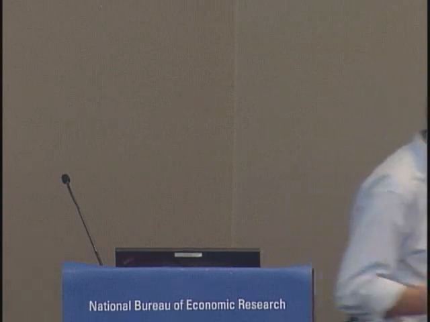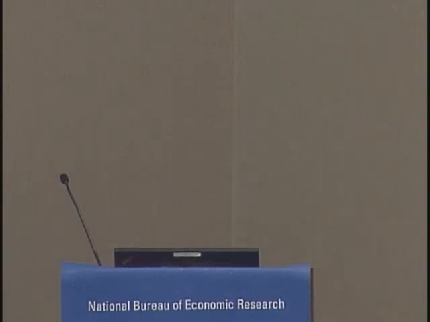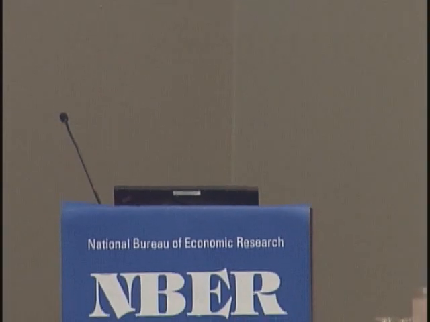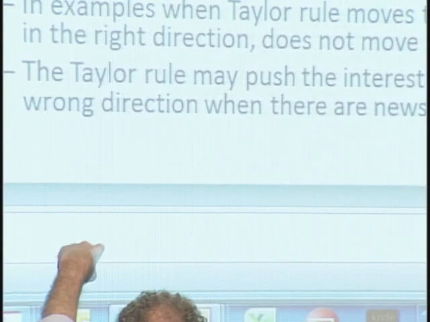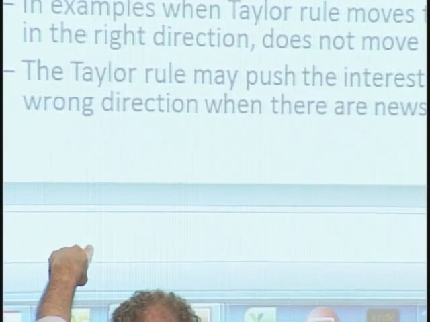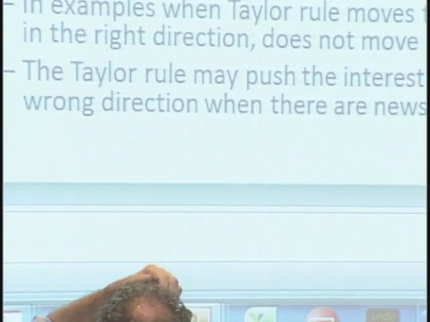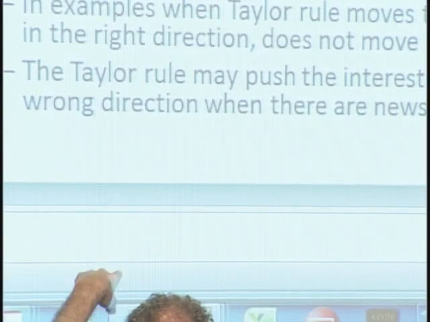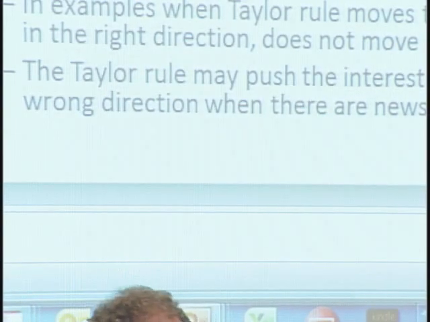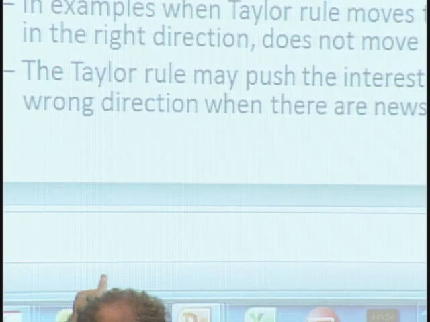Let me see if I can pick one. Okay, why don't we just do the first two? We already did the third one, and we already did the fourth one. And then, no, we won't do the bottom one.